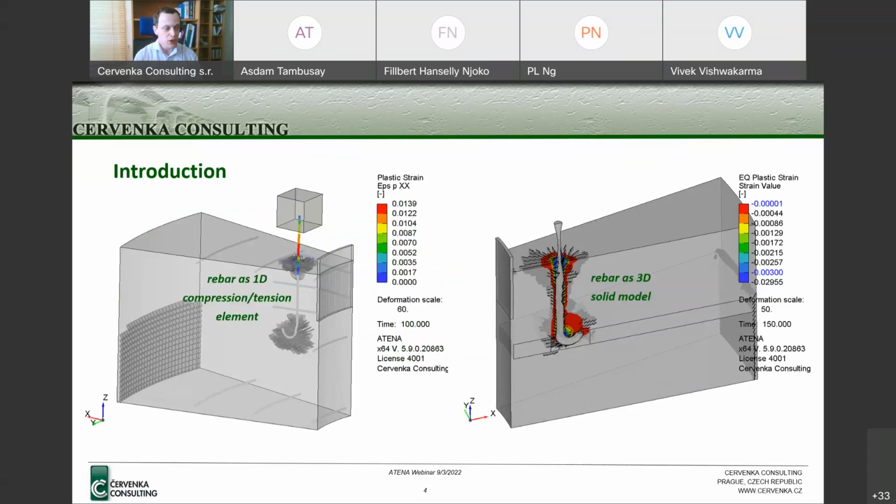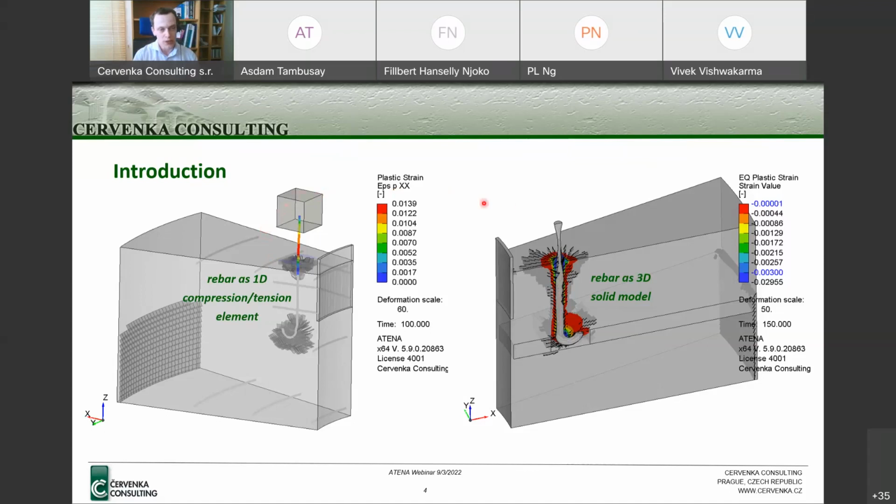Here you can see 2 models where the maximum pullout load is determined by modeling some small portion of concrete block, with some anchor in here, and applying some pullout load in this direction, we can determine what will be the maximum load and also the failure mode.